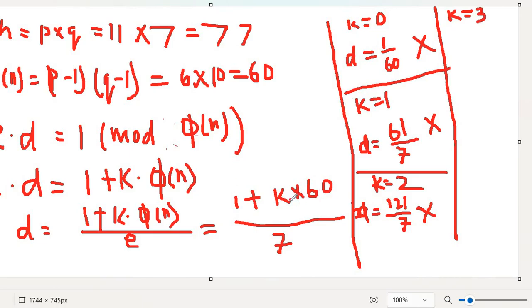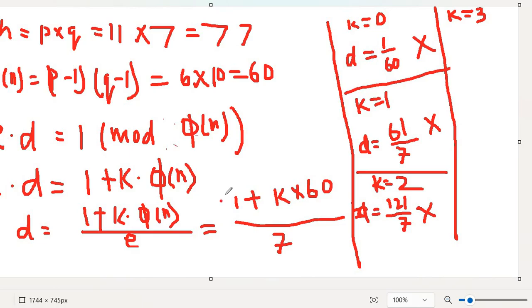60 into 3, 180, plus 1, 181 by 7, if you have pen and paper. So 7 2s are 14, and 7 5s are 35. Again 6 will be the remainder.